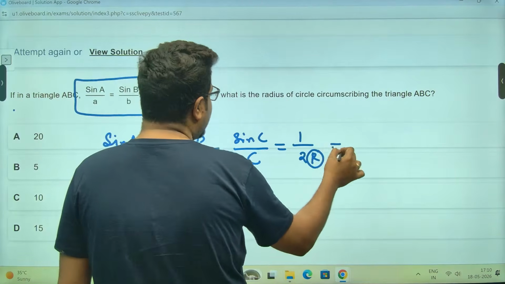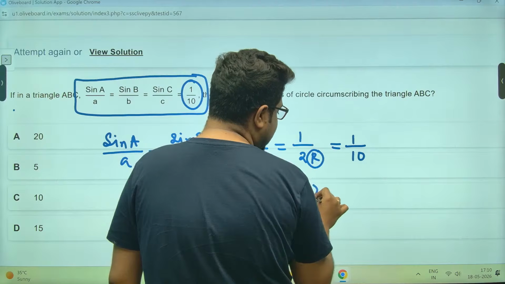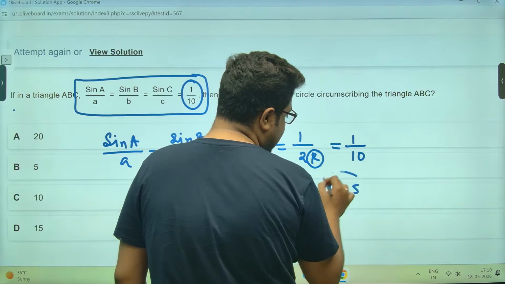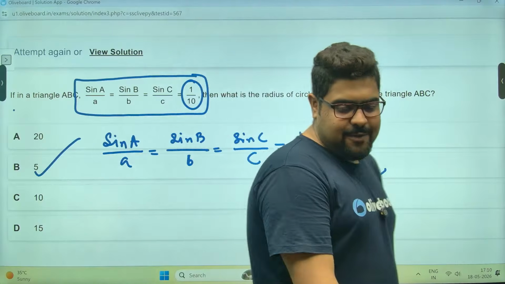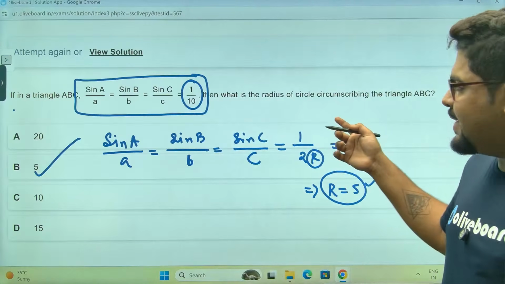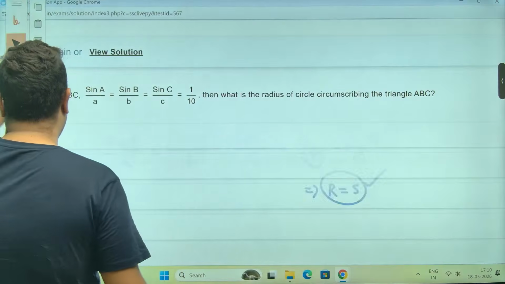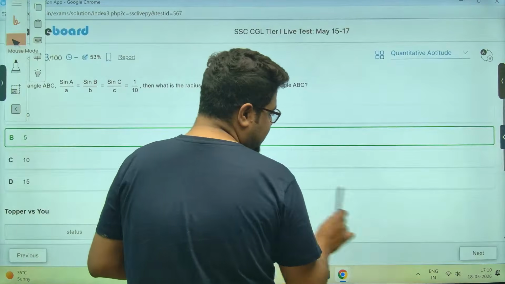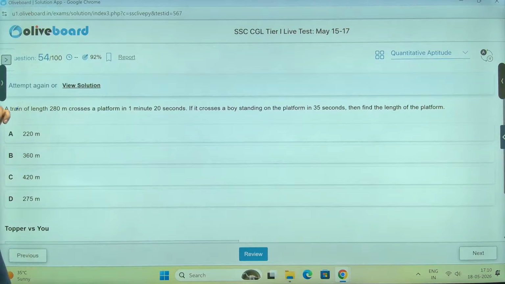So 1 by 2r is given as 1 by 10. Those who know will say r is 5. Option B. If you knew this, it took not even 10 seconds. You don't need pen and paper for this, just a little bit of knowledge.